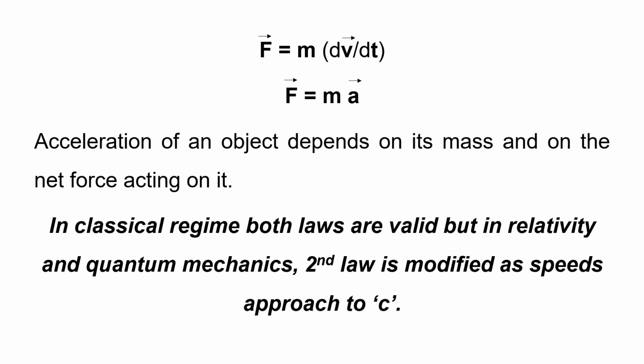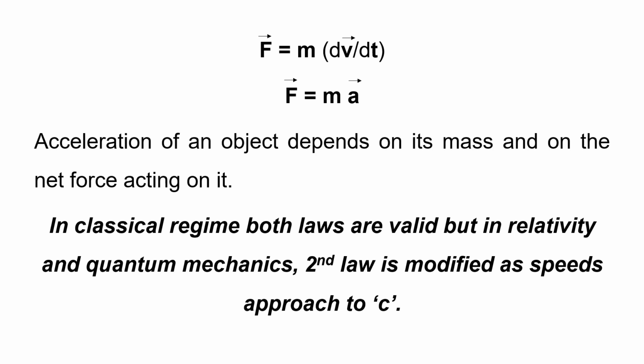Now in the classical regime, both laws are valid, but in relativity and quantum mechanics, the second law is modified as speed approaches c. In classical mechanics and in studying objects in the macroscopic view, both forms of Newton's second law, F is equal to dp over dt and F is equal to ma, are valid.